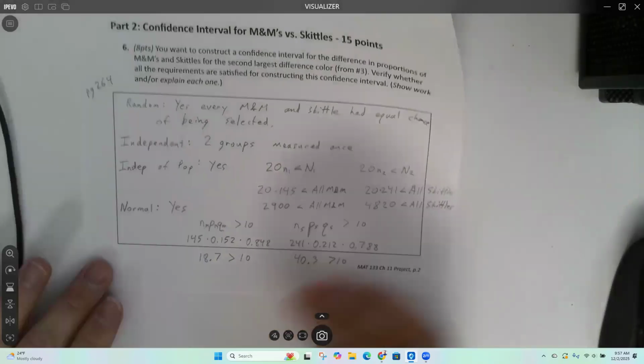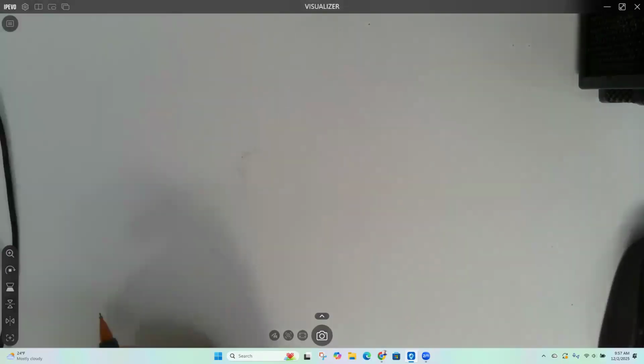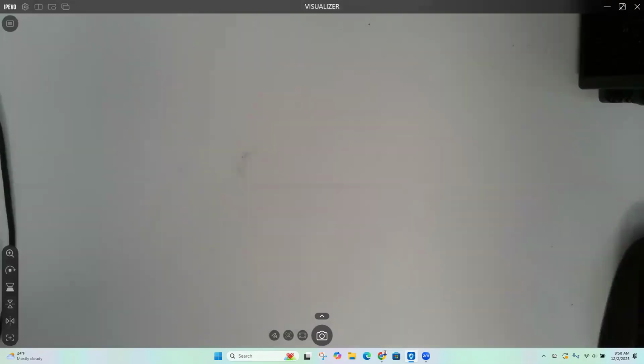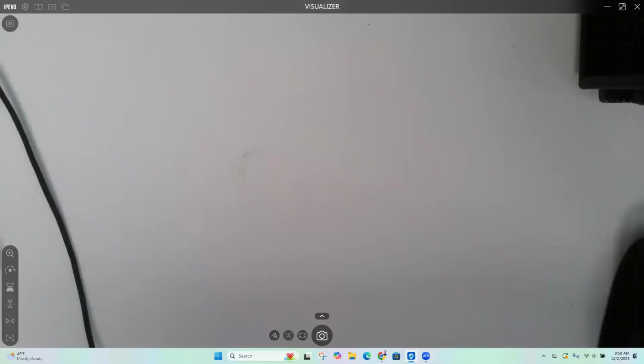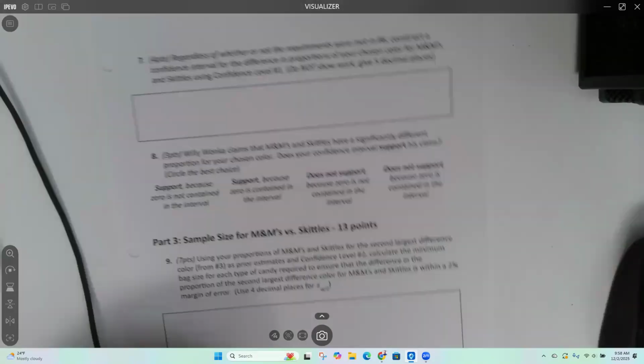Now, if you ever run into that situation where you're like, oh shoot, I don't have a big enough sample, do you have to restart, or can you use part of your M&Ms and then just go buy a bigger bag and mix them together? The answer is that as long as the first bag was random, and as long as the second bag is random, when you mix them together, random plus random is still random.